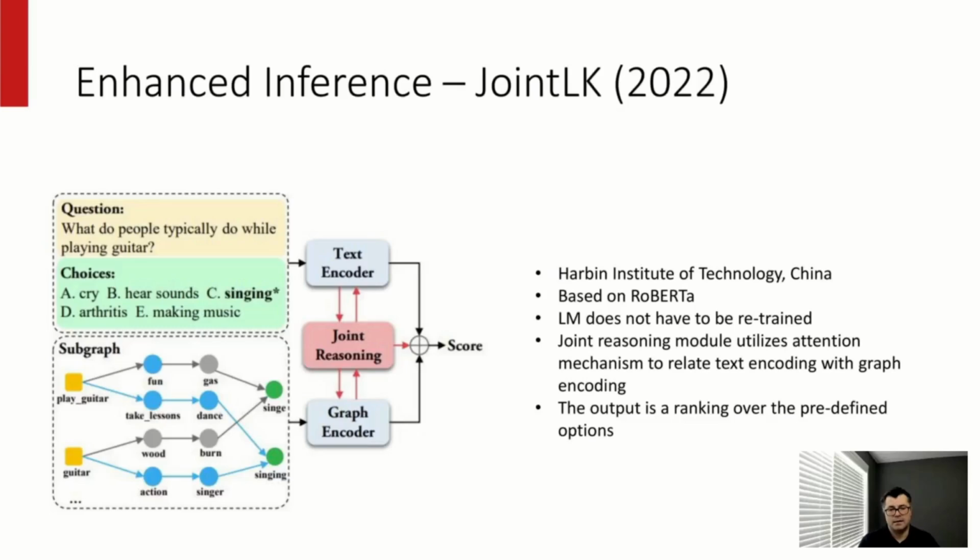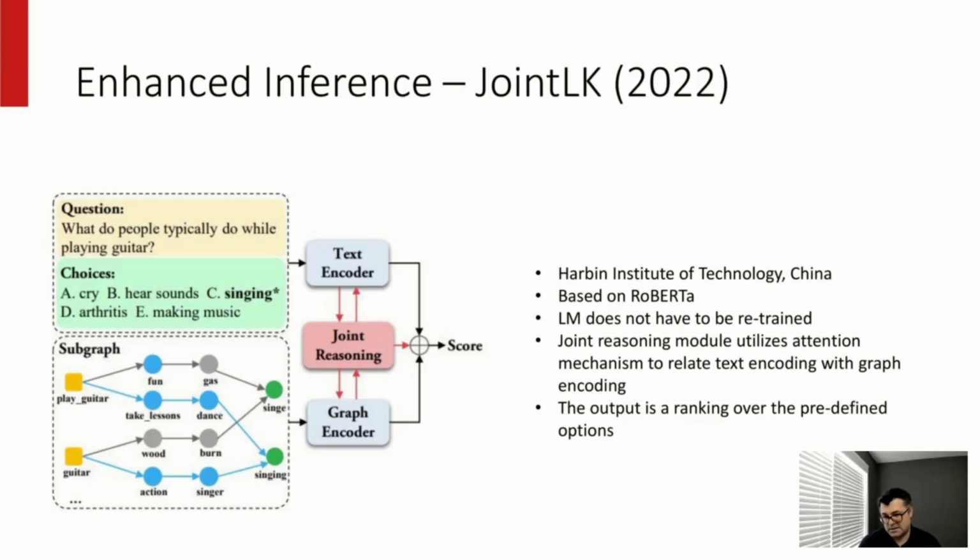Based on that, it then generates a score for each one of the choices. This is what they call enhanced inference, and by they, I mean the folks in the literature survey.